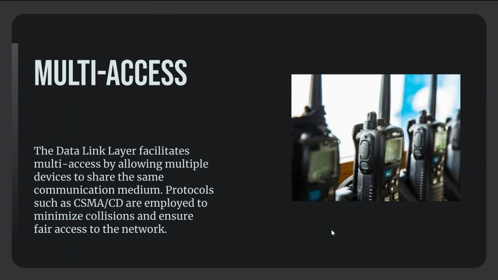Multi-access control. When many devices share one medium, for example, two people talking on a walkie-talkie, this layer ensures fair access. For example, if two people press the button at the same time, it would lead to a collision, similar to data collisions when data is sent at the same time. So this layer ensures that there is multi-access control.